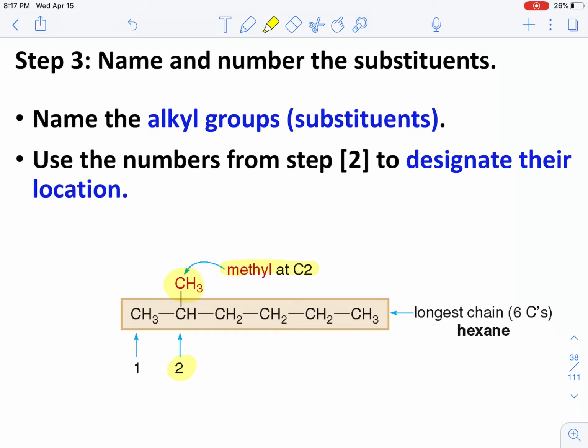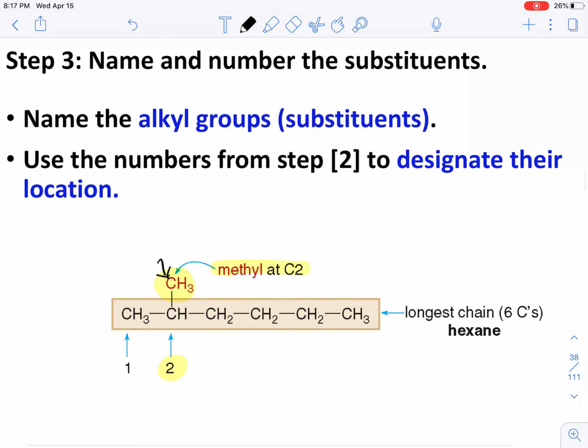And so we have a methyl at carbon number 2. So remember, meth means 1 carbon. We have a 1 carbon substituent on the second carbon of the parent chain.